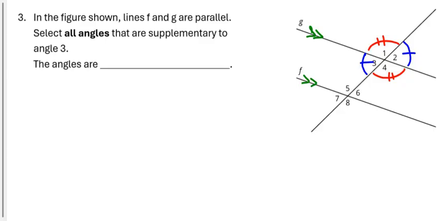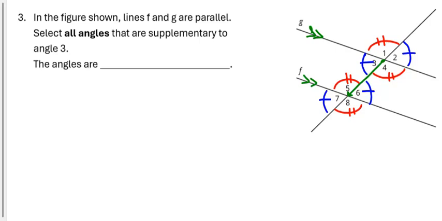If I translate the angle markings down from G to F, angles 5 and 8 will be marked in red. Angles 6 and 7 will be marked in blue because 3 and 2 are. So what you're looking for are the angles that are supplementary, which means they add up to 180 degrees with angle 3.